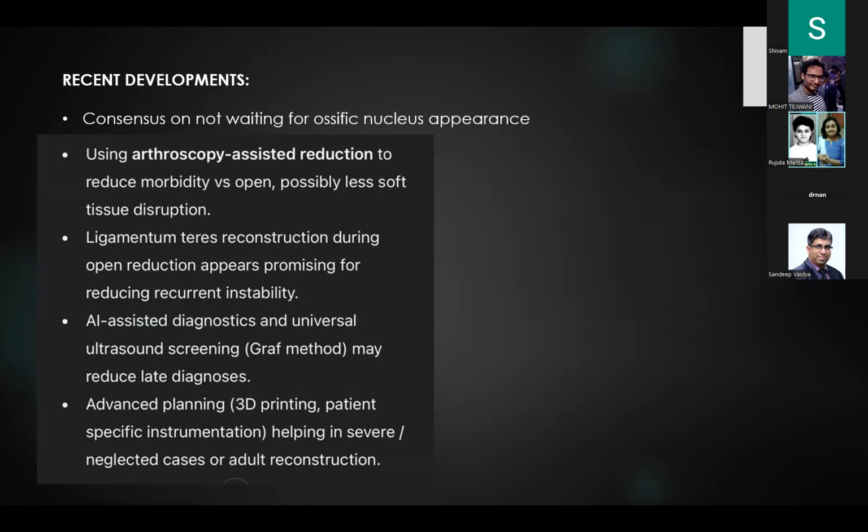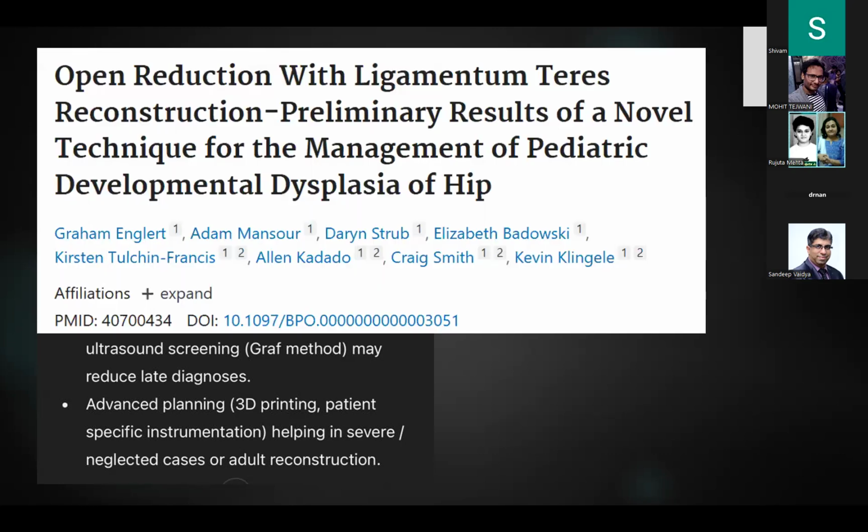Then there is some literature on preservation or reconstruction of the ligamentum teres after reduction of the hip, AI assisted diagnostics and universal ultrasound screening to help diagnose cases early on, and advanced planning using CT guided images and 3D printing models, especially for older age groups, to better tailor treatment and predict outcomes.